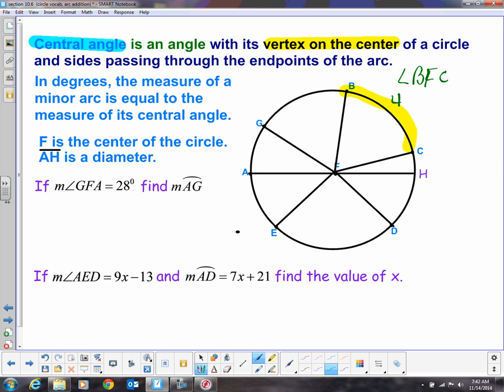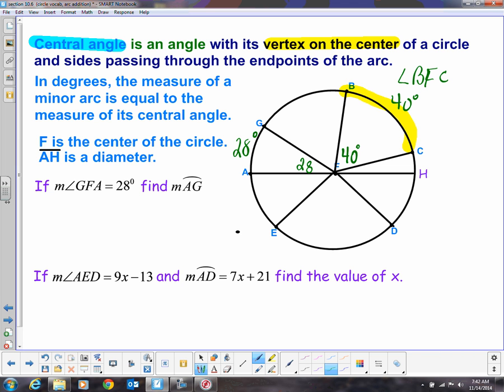So if I told you this was 40 degrees, then we know that this is 40 degrees. The vertex must be on the center. So it says the measure of GFA, the angle, is 28 degrees. If this angle is 28, then what is this arc?